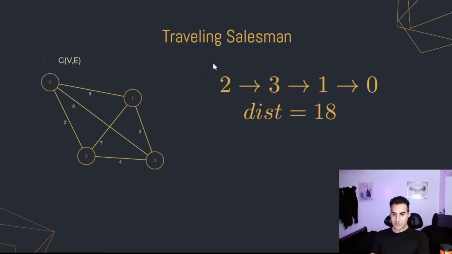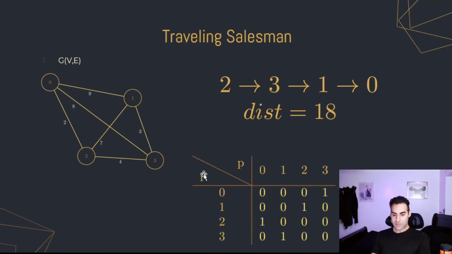So let's analyze the solution to this instance of the traveling salesman. The solution is the traversal 2310 and a total distance of 18. We can represent this as a matrix like this, where I corresponds to each vertex and P is the position in the traversal. So since 2 comes first, we put it here, followed by 3, then 1, and then 0.